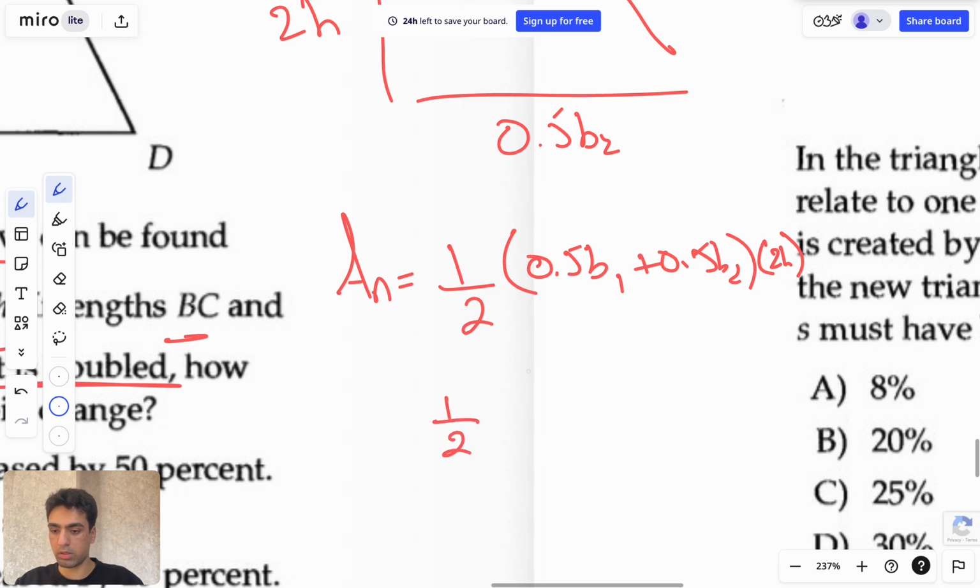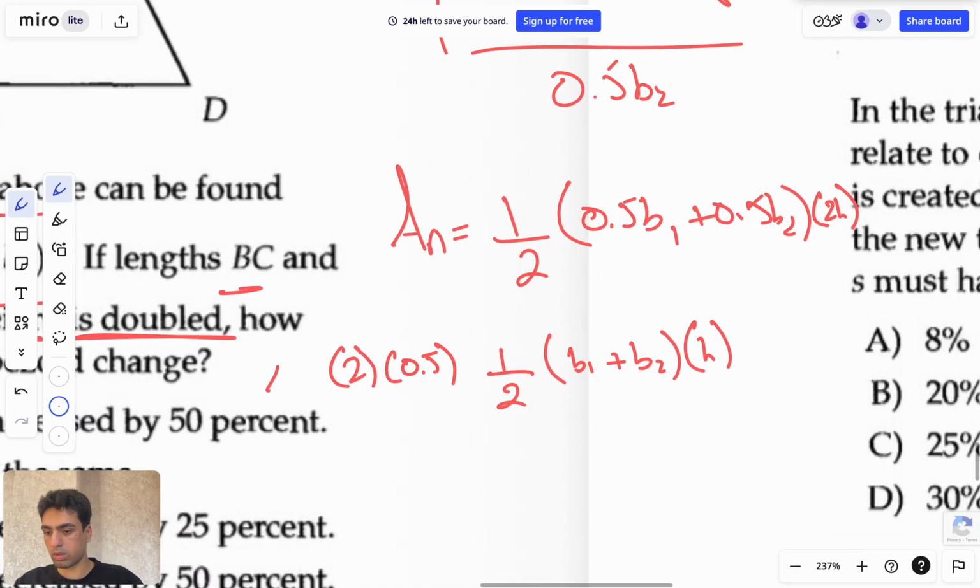You can factor the 0.5, we get B1 plus B2, and then the 2 can be brought here. Now 2 times 0.5 is 1, which means it's 1 times the original, B1, B2, and H.